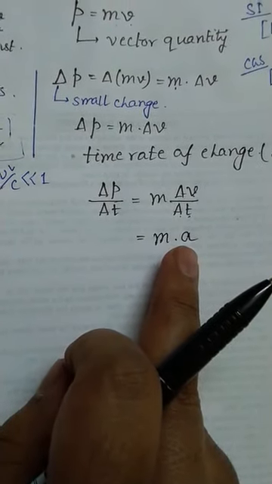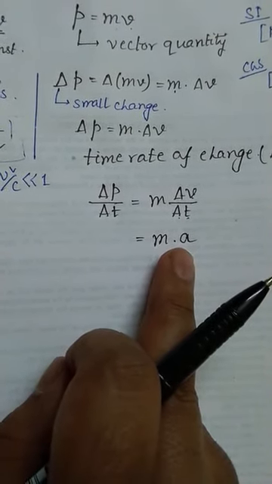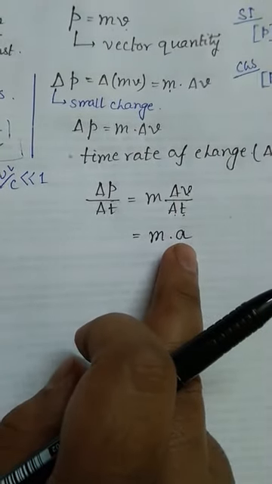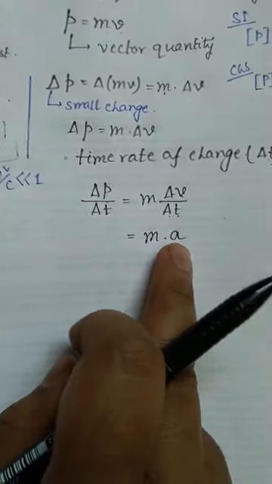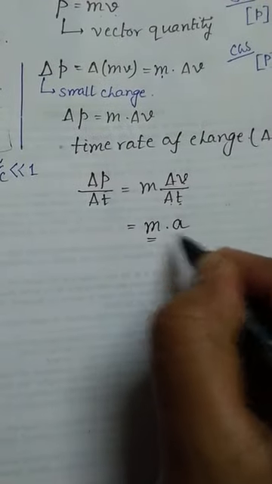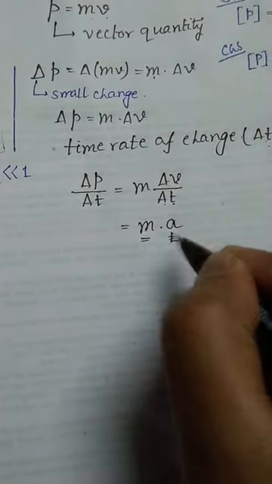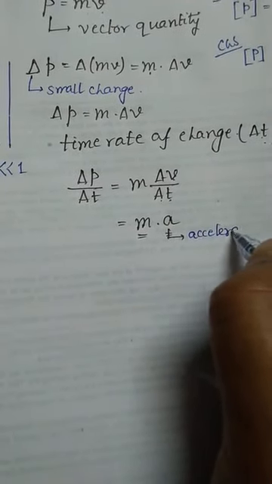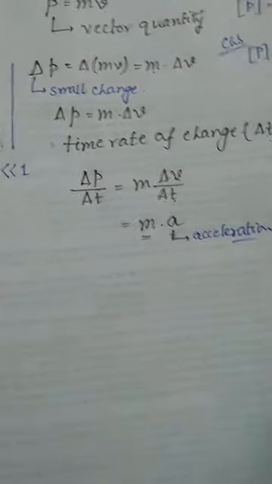Last chapter we have done this. So this is equal to mass into acceleration, where a is the acceleration.